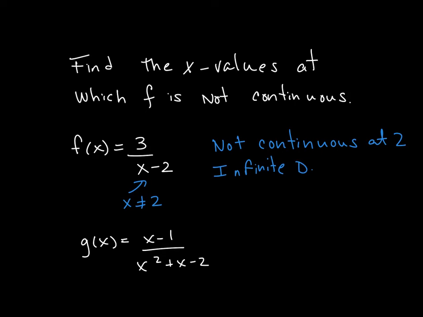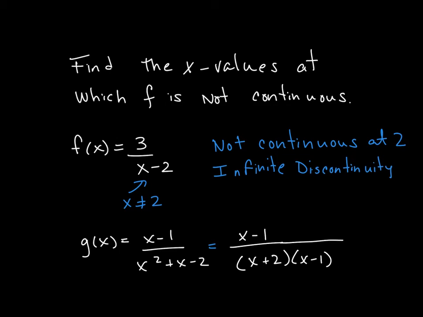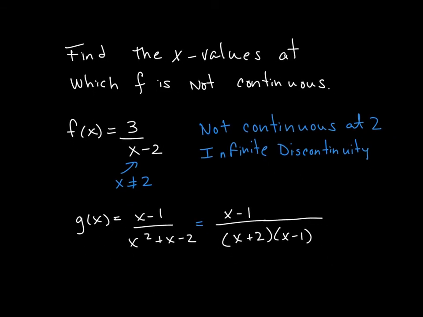Now, if I look at the next function, function g, as I look at g of x, before I can go ahead and decide what I have to do, I have to factor, and that becomes x minus 1 all over x plus 2 times x minus 1. Now I can go ahead and look at the domain of that, and from the domain, I get that x cannot equal negative 2, and x cannot equal 1 in my domain.